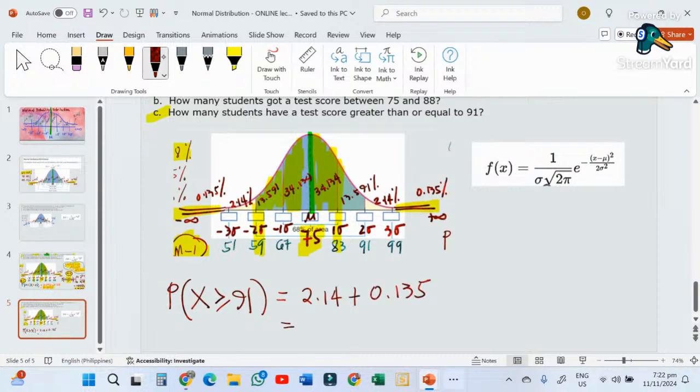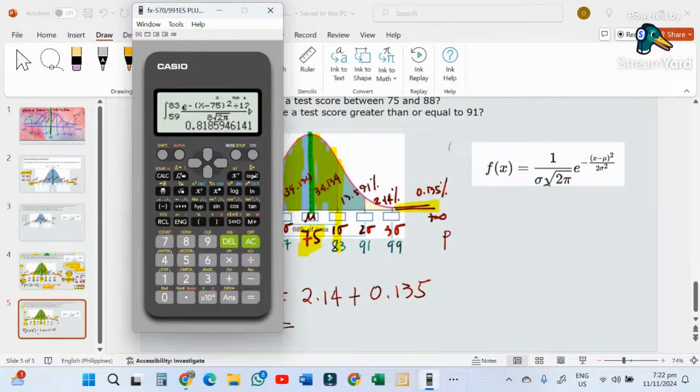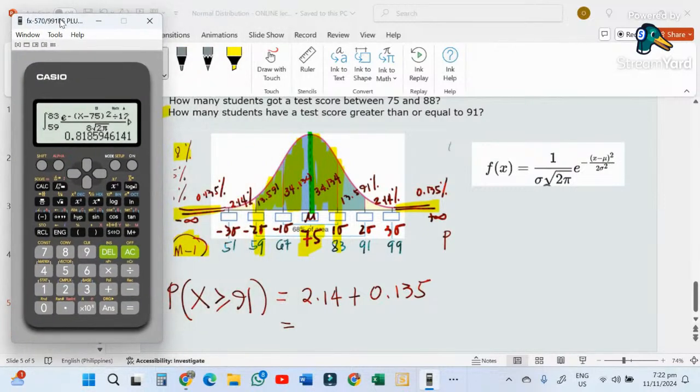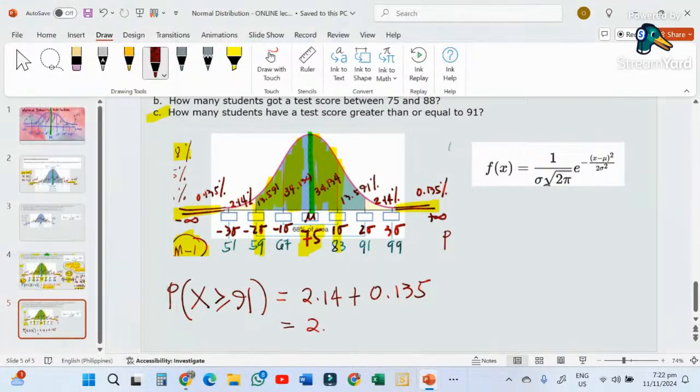So to calculate that, that could be easy, but I'm just going to use my calculator here. So you have 2.14 plus 0.135, and that gives us 2.275%. Okay. Now, how many students? That's not still the answer. We just have taken the percentages from the class with a mu or an average of 75.